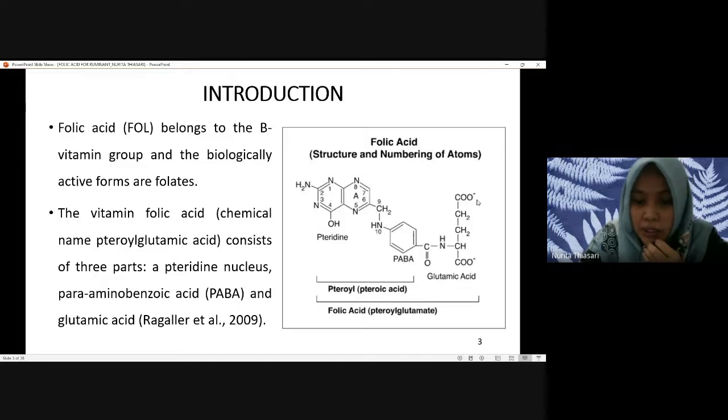Then we can see at the right-hand side, this is the structure of folic acid. So we can see the pteridine, the second one is PABA, and the last one is glutamic acid.